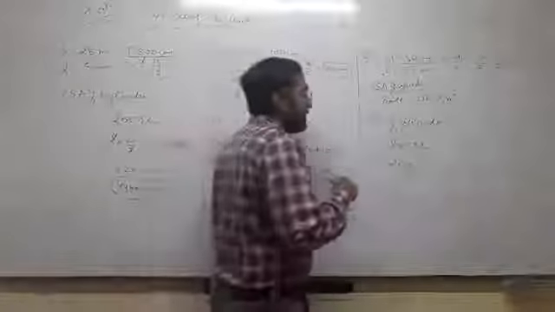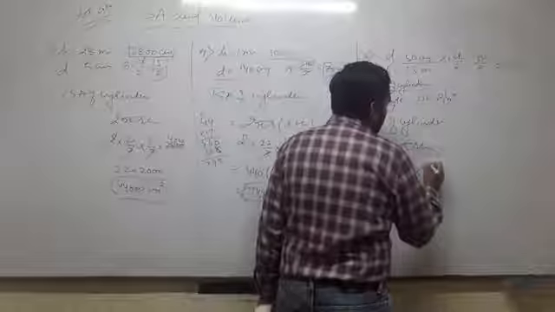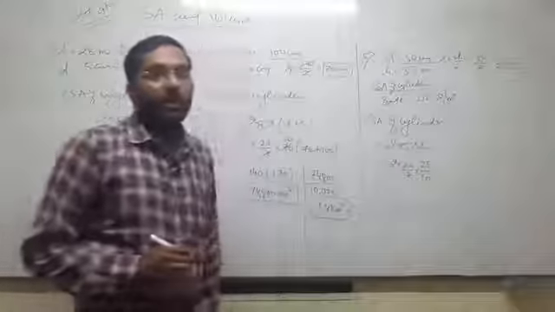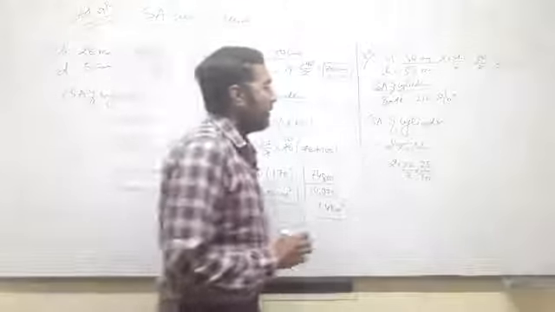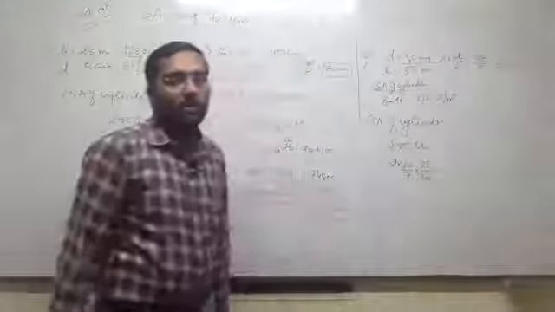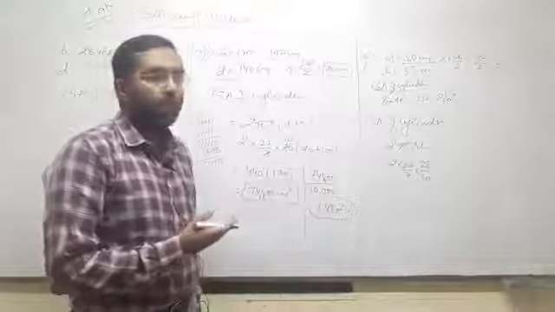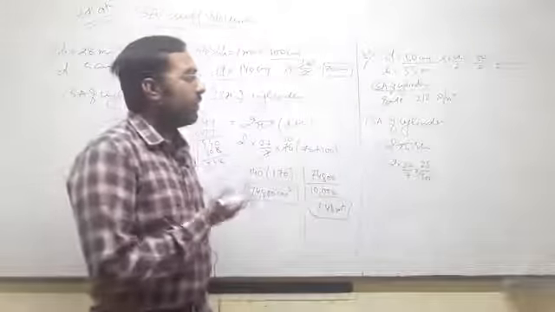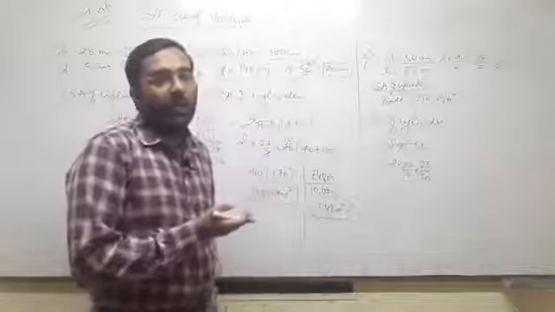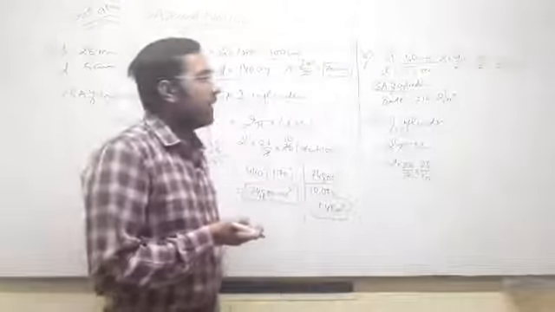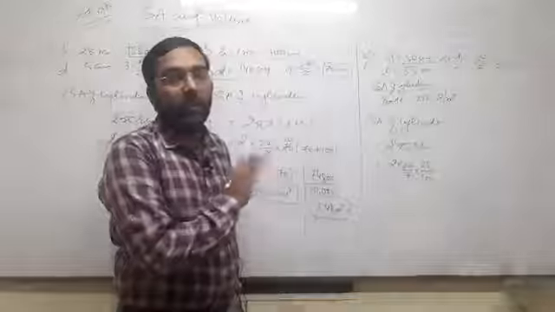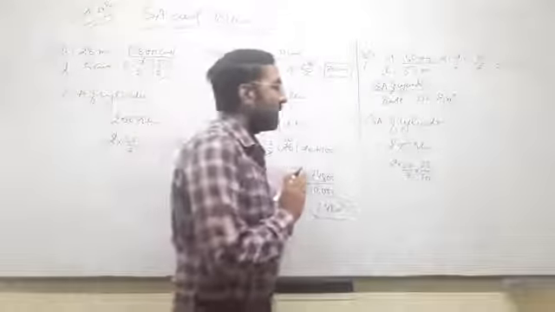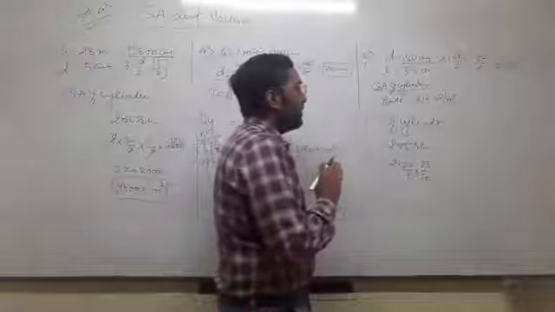My answer is 0.25. I'll take it as 25 by 100, and writing 0.25 is also correct. If you want to write 1 by 4, that is also correct. I'm just telling you that I'll convert it into meter.